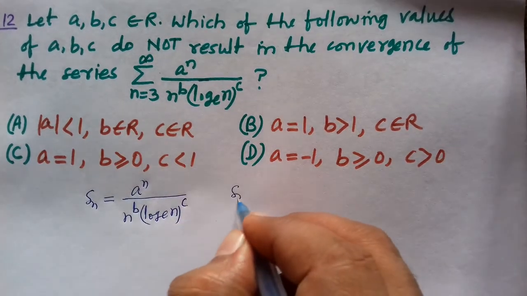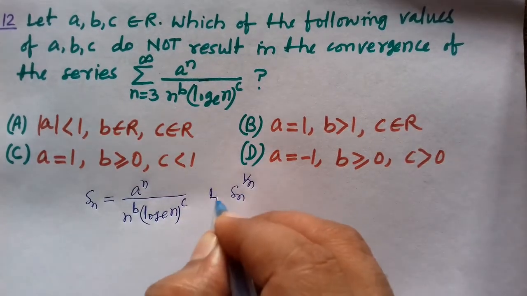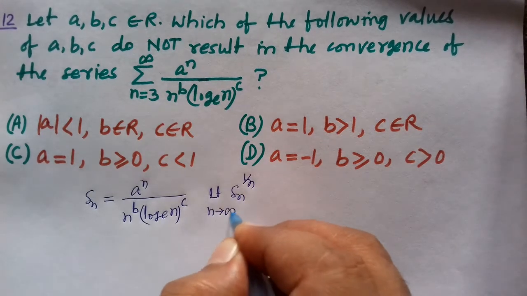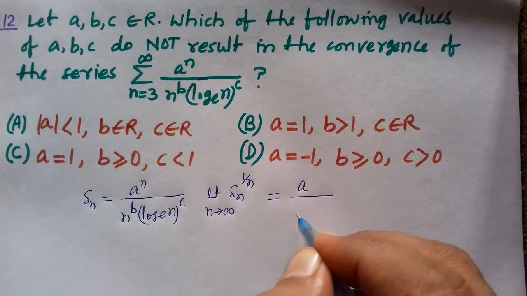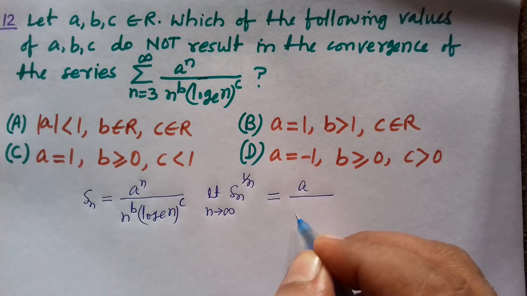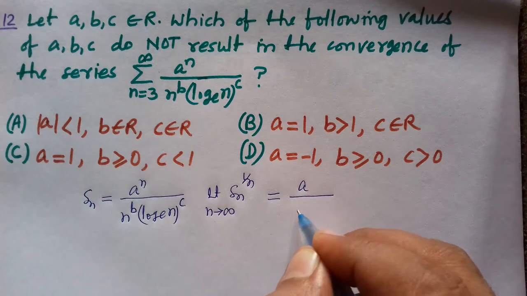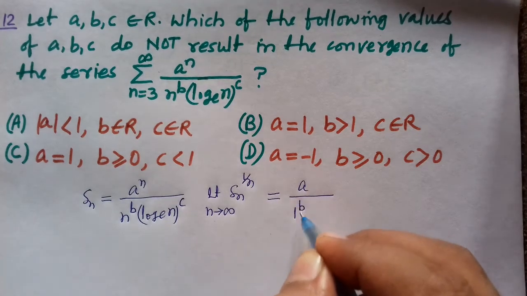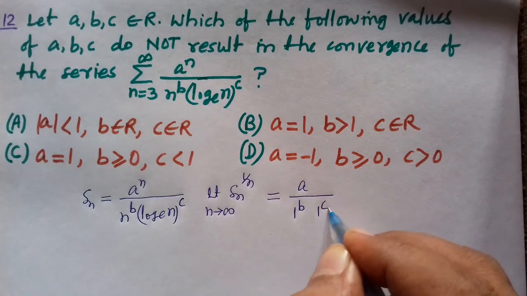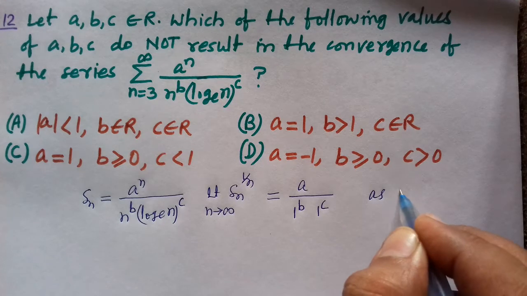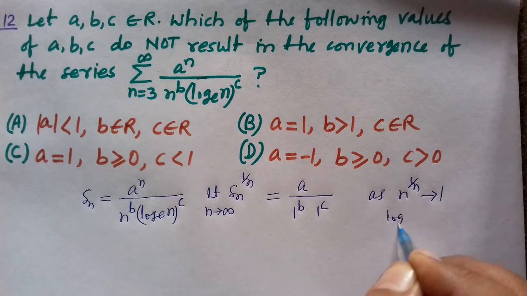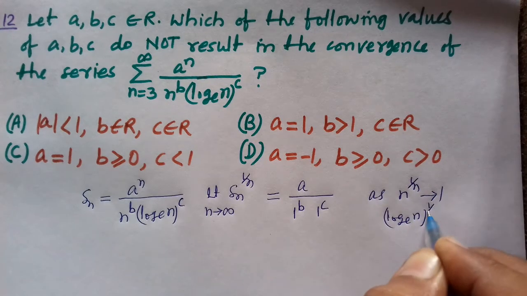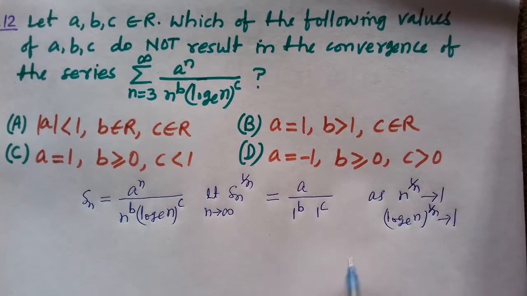Now Sn to the power 1 by n, limit n tends to infinity, gives us a by 1 to the power b and 1 to the power c, as n to the power 1 by n tends to 1 and log e n to the power 1 by n also tends to 1.